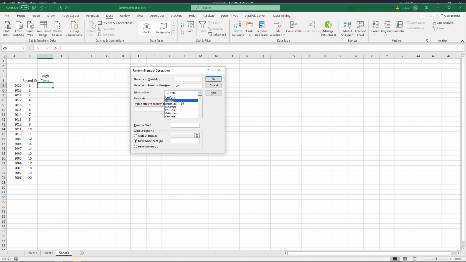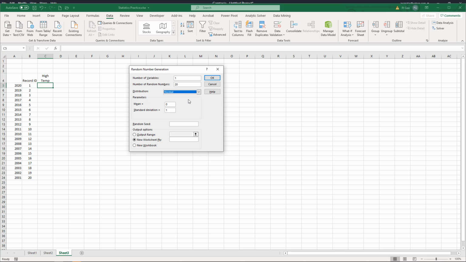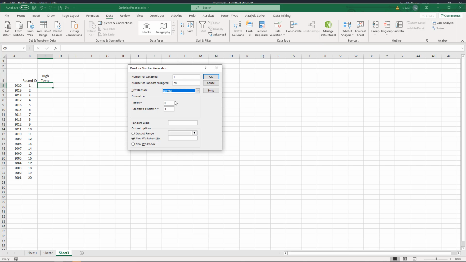The distribution we're going to use is normal. Many things in business, social science, and the wet sciences, like biology, have randomness that behaves along the lines of normal. We won't use the other options here, but you have uniform, Bernoulli, Poisson, and the rest.